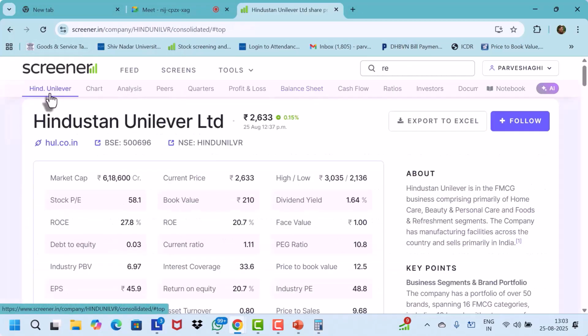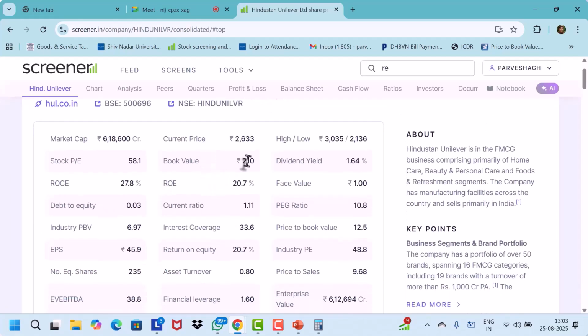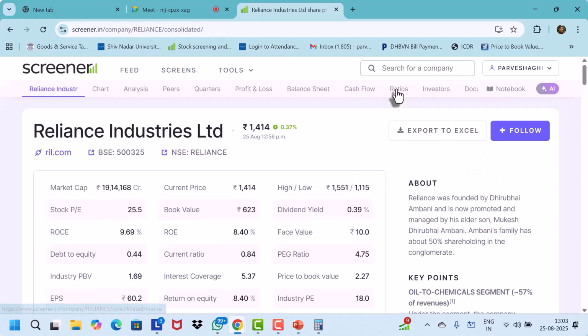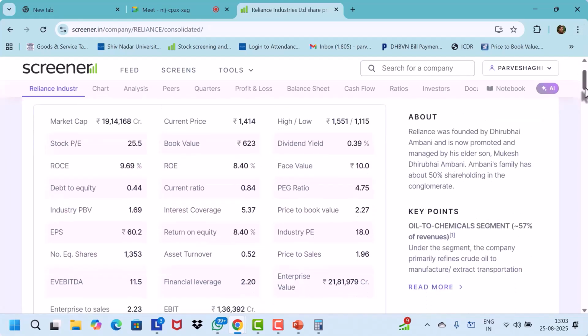0.03 debt equity ratio. Now, I'll just take you to, for example, Reliance. So Reliance's debt equity ratio is how much? 0.44. I would like other students also to interact while we are doing this course.